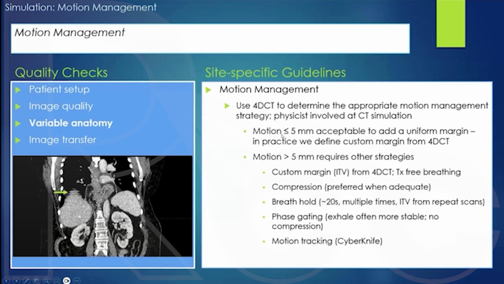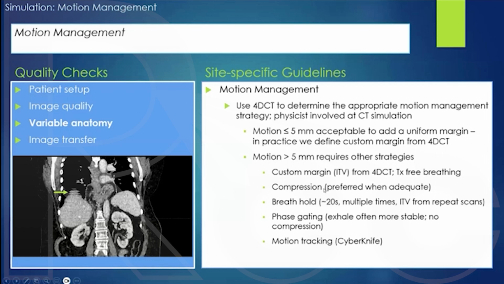If the motion as determined by the 4D CT is less than 5 millimeters, then it's acceptable just to add a uniform margin. And in practice, we will typically use the 4D CT to define a custom margin. Now, if the motion is greater than 5 millimeters, then you really need to do something about it. Now, that could simply be adding an ITV that accounts for the patient-specific motion envelope as determined from 4D CT image, and then to treat free breathing.